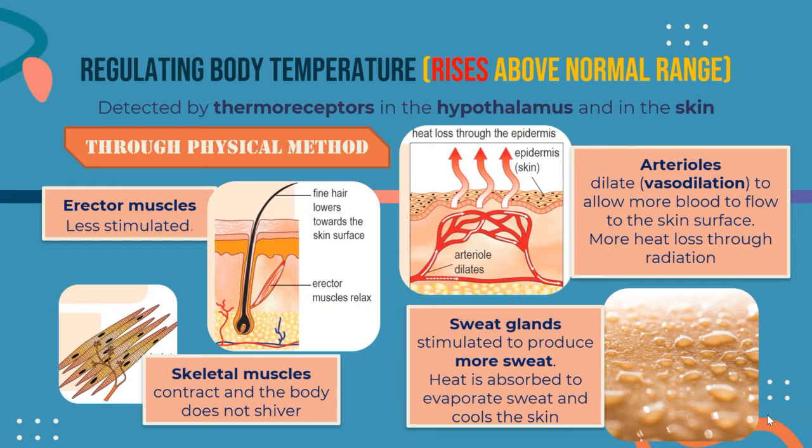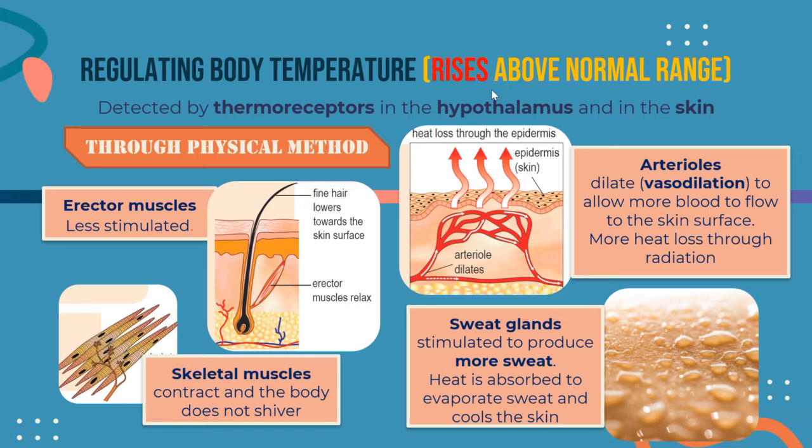Alright, so now we are going to discuss the homeostasis concept in regulating body temperature. What happens when our body temperature rises above the normal range? The optimum body temperature for humans is 37 degrees Celsius. So what happens when our body temperature rises above 37 degrees Celsius?